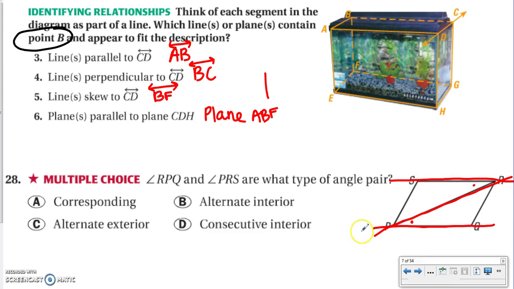So these are in between these two lines, so it's one of the interiors, so we can get rid of that one and we can get rid of that one because these are in between the two lines. And these are diagonal from each other. They're not consecutive because they're not on the same side of the transversal, like here and here. So these are diagonal from each other, so B is the correct answer.